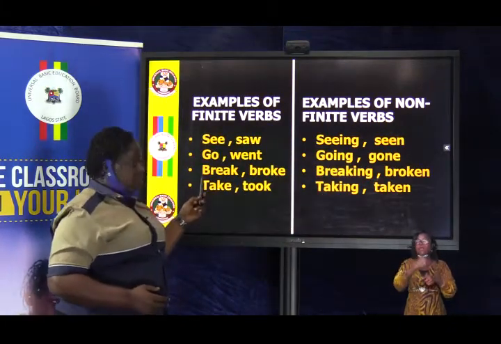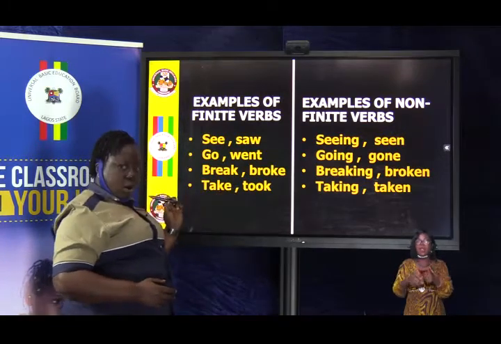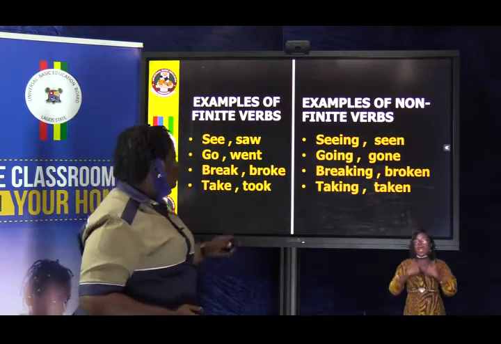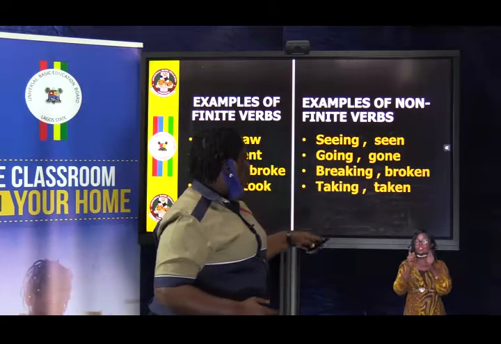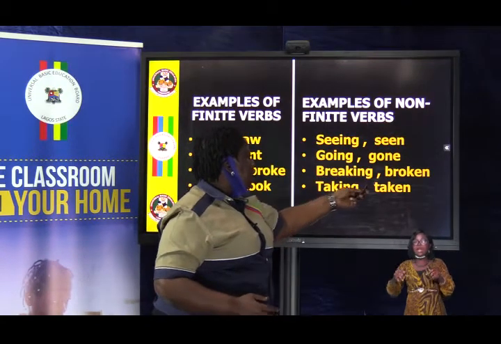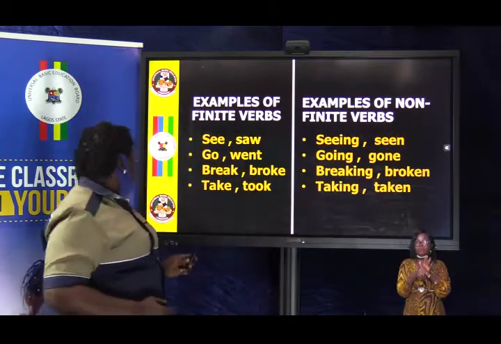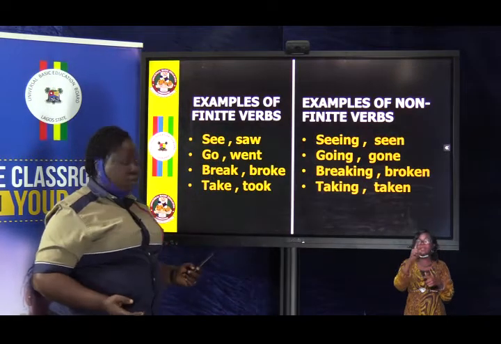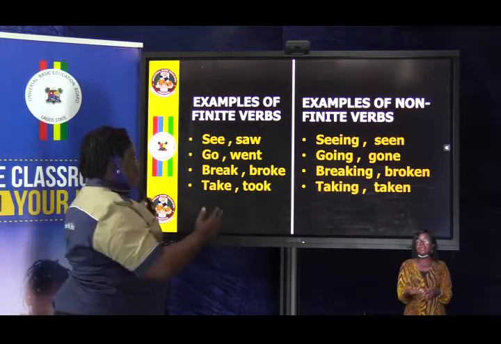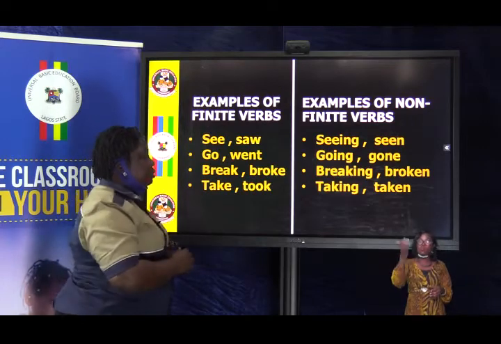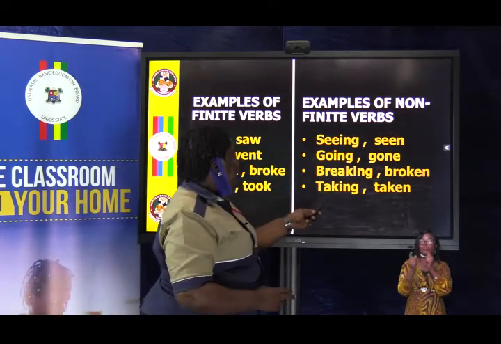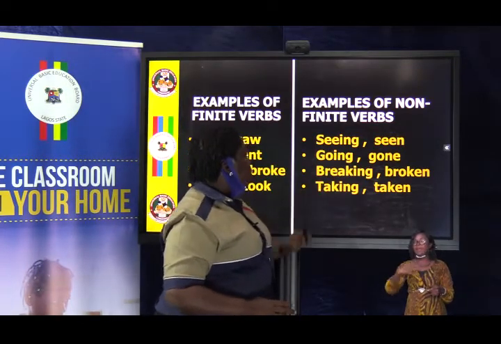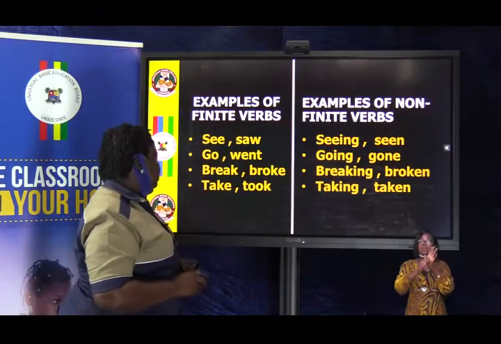Another one is break and broke. We already discussed that. And we have the other form, the non-finite form, as breaking and broken. Then the last one, take and took. They are examples of finite verbs, while taking and taken are examples of non-finite verbs.